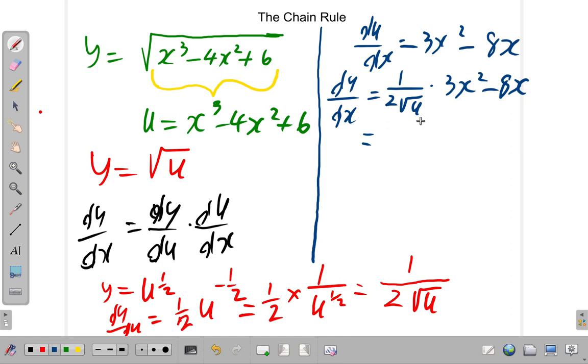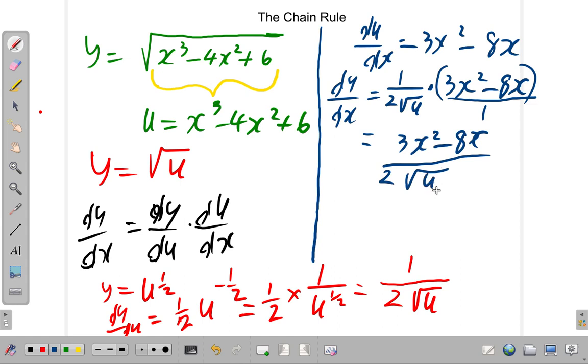So putting them together, you can see that multiplying by this is the same as having 3x squared minus 8x over 1, and you do the fraction multiplication: 3x squared minus 8x over 2 square root of u.